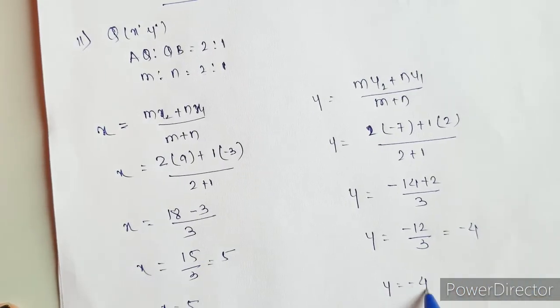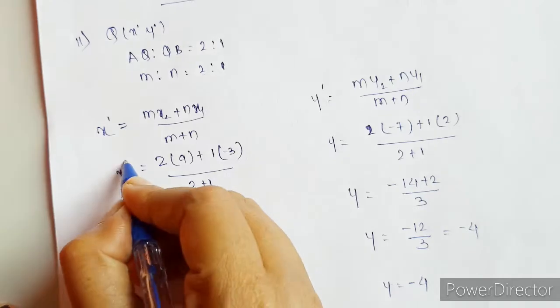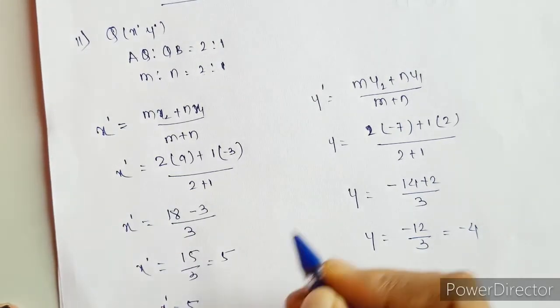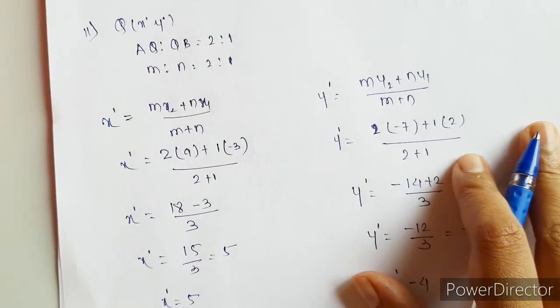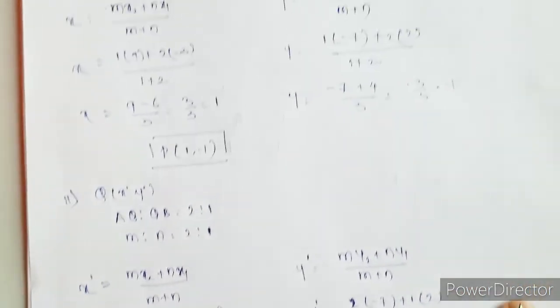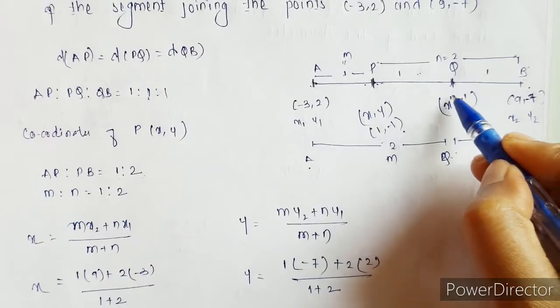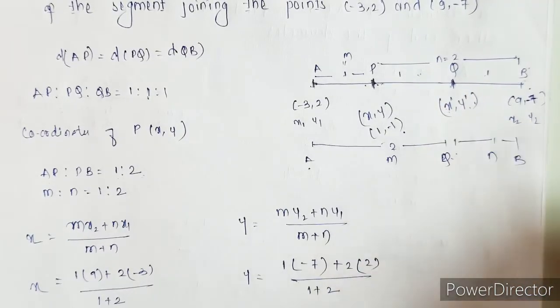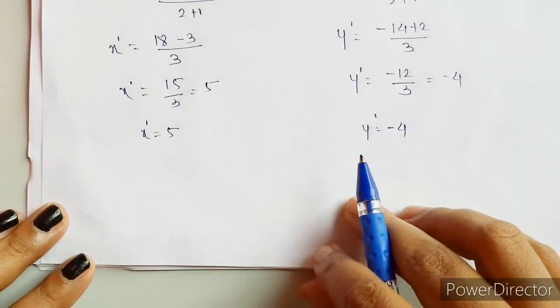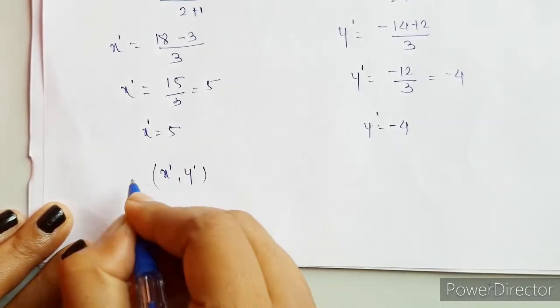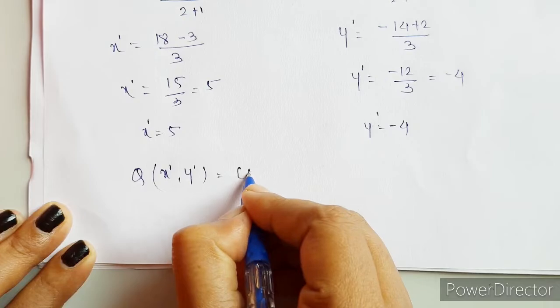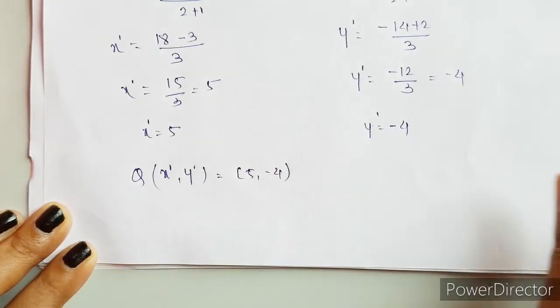So the value of y is minus 4. This is actually x dash y dash. Just note this is x dash y dash, because we have marked the coordinates of point Q as x dash y dash over here. So this is not xy, this is x dash and y dash. The coordinates of x dash y dash, that is Q, are 5 comma minus 4.